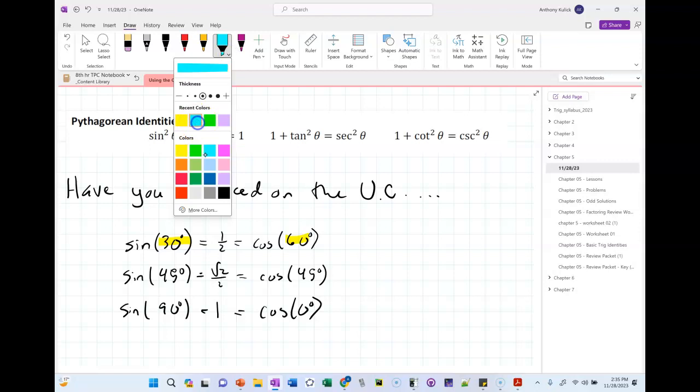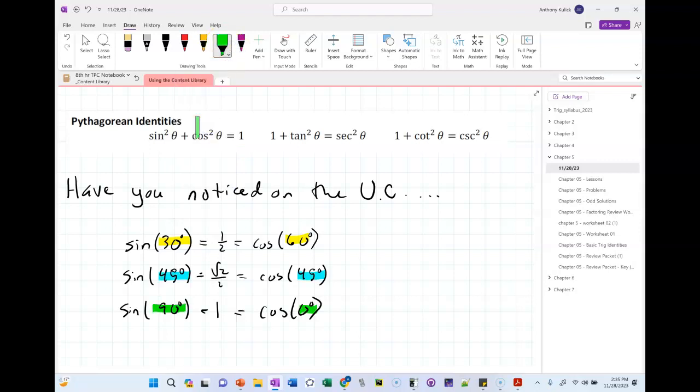If I look at these pairs of angles, what do you notice about them? They all add up to be 90 degrees, right?